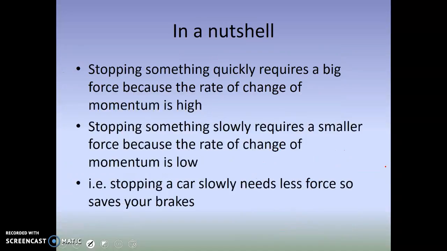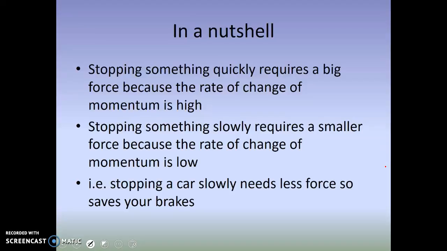So in a nutshell, what we know now about momentum is, if you want to stop something quickly, you've got to apply a big force to that object, because the rate of change in momentum, in other words how quickly the momentum changes, is very high. If you want to stop something slowly, it requires a smaller force because the rate of change of momentum is low.